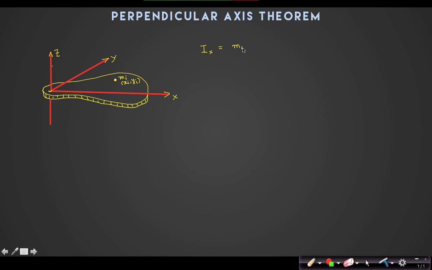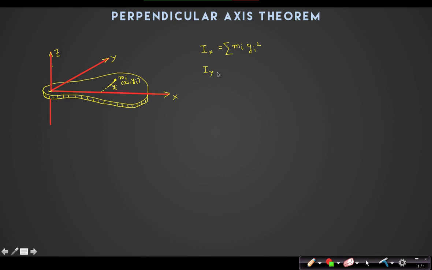What will be your answer? mi yi square. The perpendicular distance from the point to the x-axis is yi. So mi yi square. Z is 0. So summation of mi yi square is Ix.